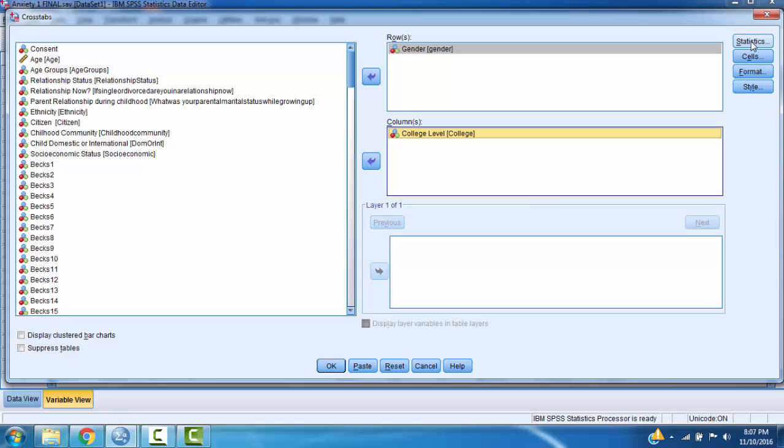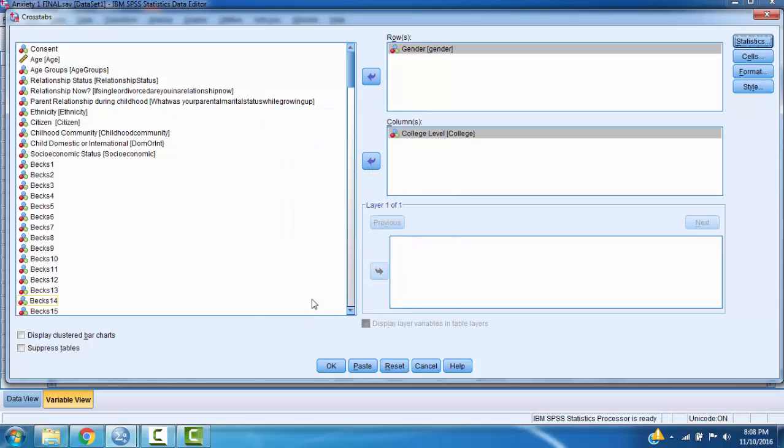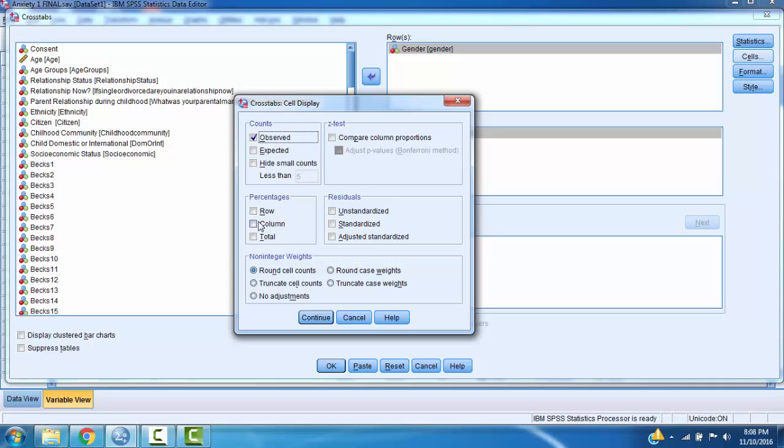And then you go over here to the statistics button, and you want to ask for the chi-square. You also want to ask for the phi and the Kramer's V as ways to test the significance of the chi-square. You hit continue, and then you want to go up to cells, and you want to click on expected.